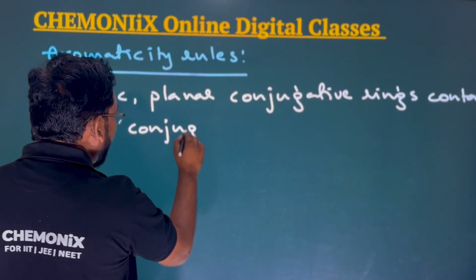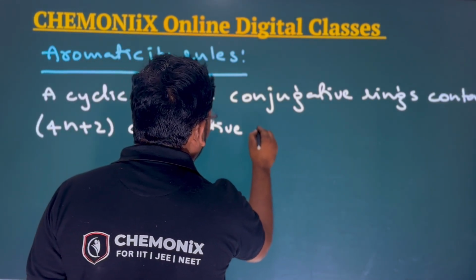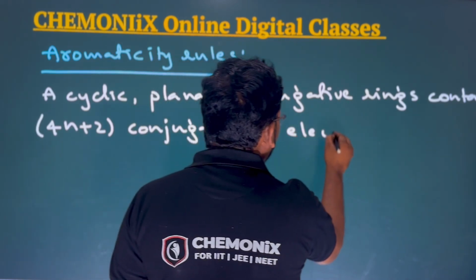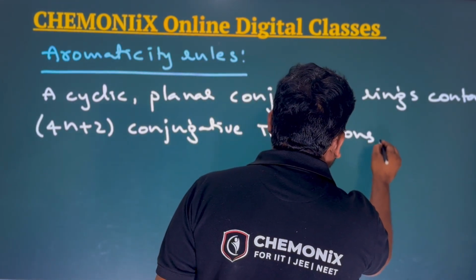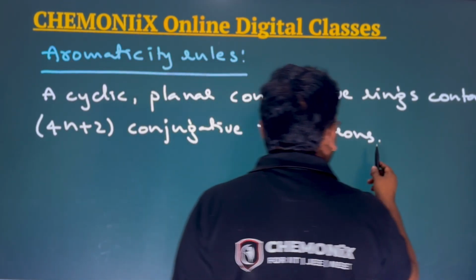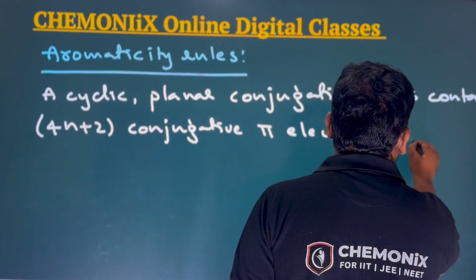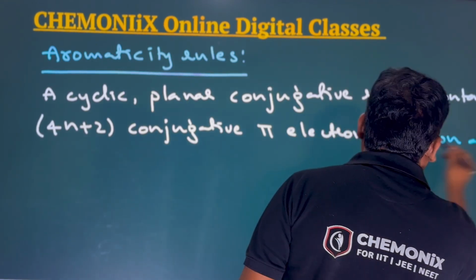Do remember these must be conjugated pi electrons. These compounds are known as aromatic compounds.